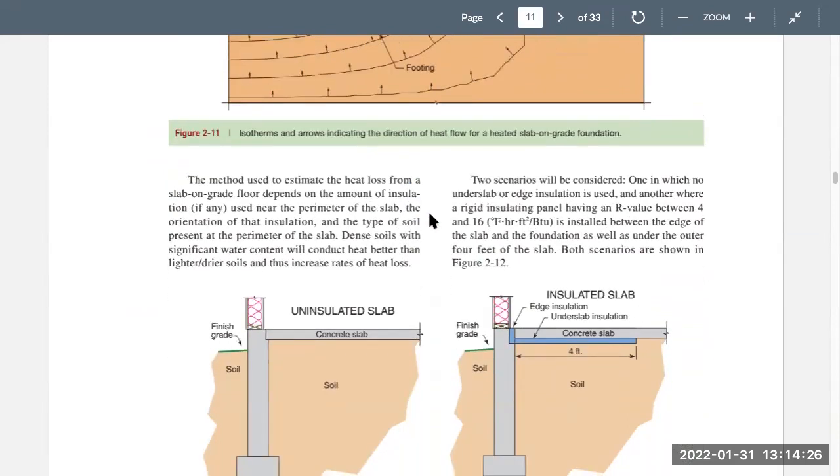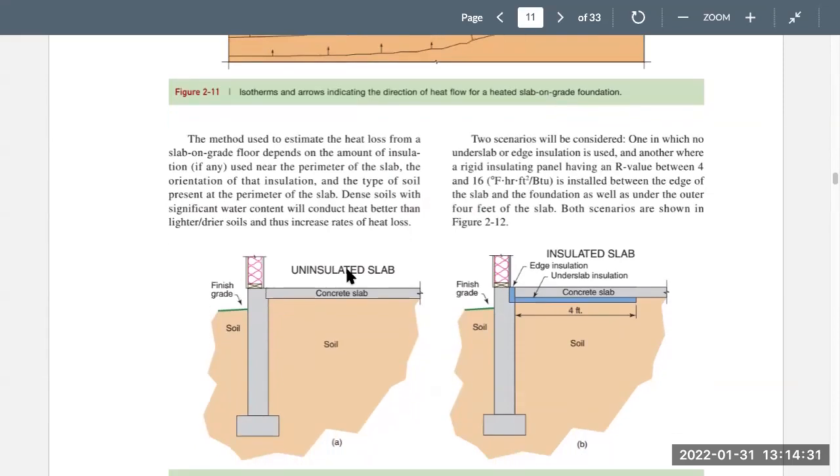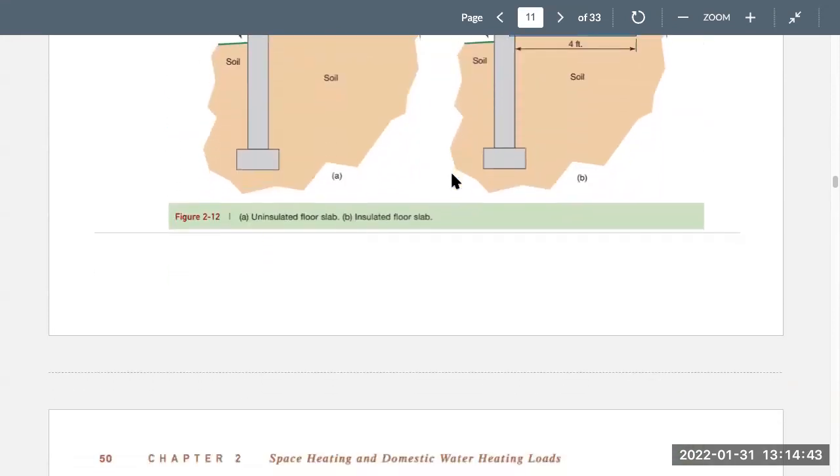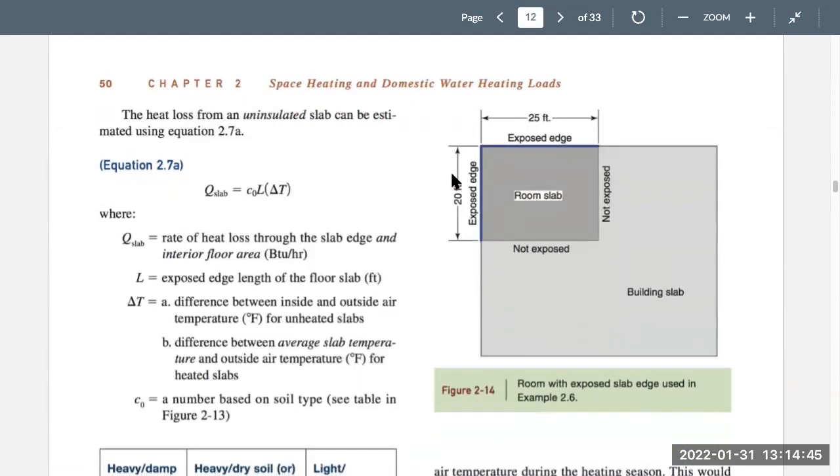So there are two scenarios to be considered here. We have one where we have an uninsulated slab, and then we have another one that has an insulated slab with at least 4 feet of insulation from the edge. So that brings us to two more formulas.